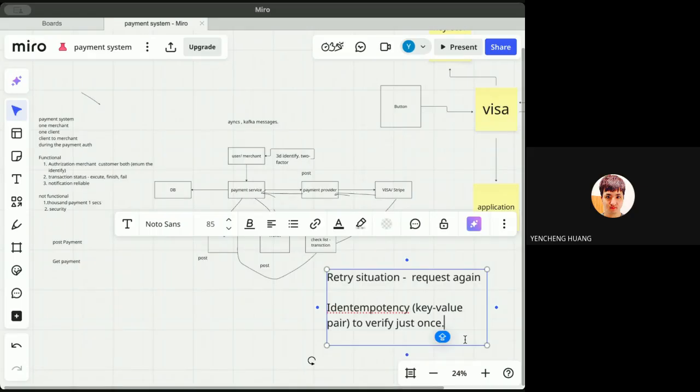Yeah, and should I talk about the payments? Can you go through with me some flows for the complete transaction?